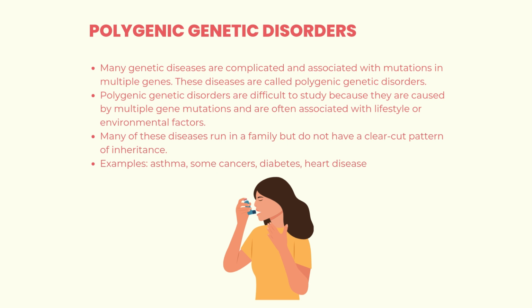Good common examples to know would be heart disease, diabetes, schizophrenia, certain cancers. They say, oh, it runs in your family, but there is no clear-cut pattern of inheritance. Asthma is also high on this list. They're difficult to study because oftentimes they are associated with lifestyle and environmental factors. We can't exactly narrow down where on the genes that came from.